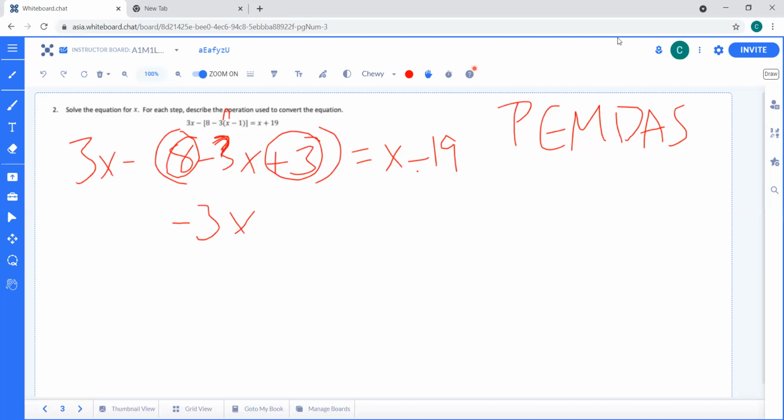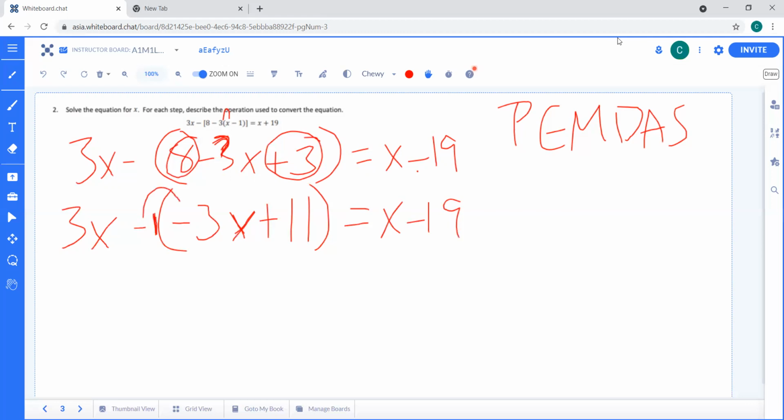And the reason why we call it commutative property is because, which way are you going to write it? Are you going to write the 11 on the left side or on the right side here? I like leaving my terms that have the x on the left side. So that's what we're going to do. And now what are we going to do? Well, we're going to do distributive property and distribute this.